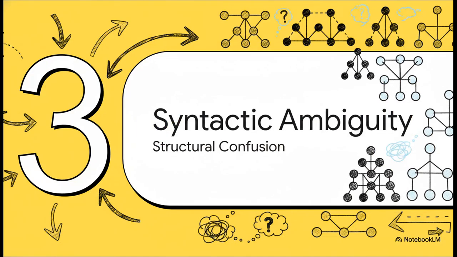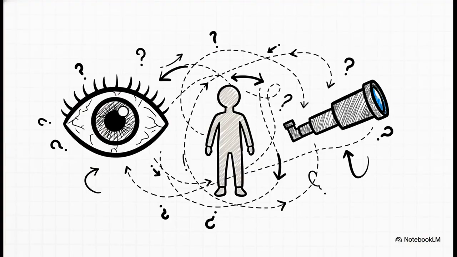Okay, layer 3 is syntactic ambiguity. This is where we get into structural confusion. Remember that telescope example from the very beginning? Well, the words themselves are perfectly clear. We all know what saw, man, and telescope mean. But the grammatical relationship between those words? Yeah, that is where the chaos lives.